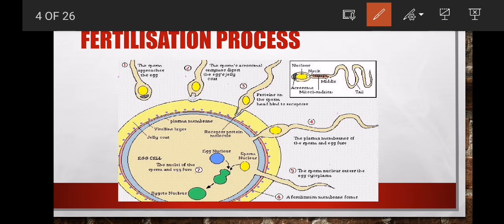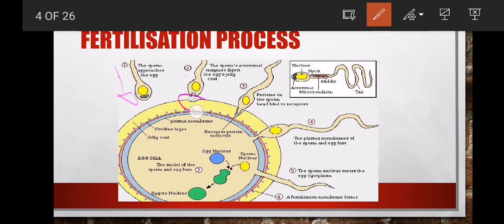The sperm cell is approaching the egg cell. When it approaches the egg cell, there will be a reaction from the acrosome. When the acrosome reacts, it releases the enzyme. What do we call that enzyme? Hyaluronidase.